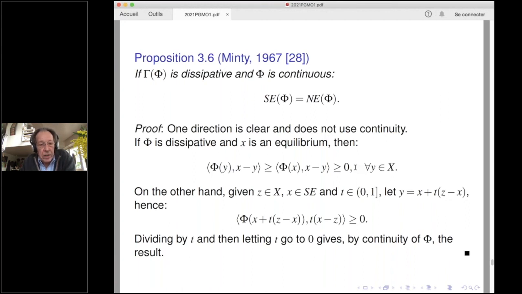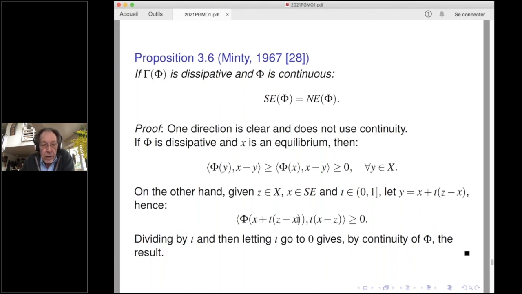In the other direction, assume that phi is continuous. You start with a point x in SE, z in X, and you look at y of the form x plus t z minus y. Since you are in the set SE, you have phi of y, x minus y positive. But x minus y is t times x minus z, because you change the sign here.